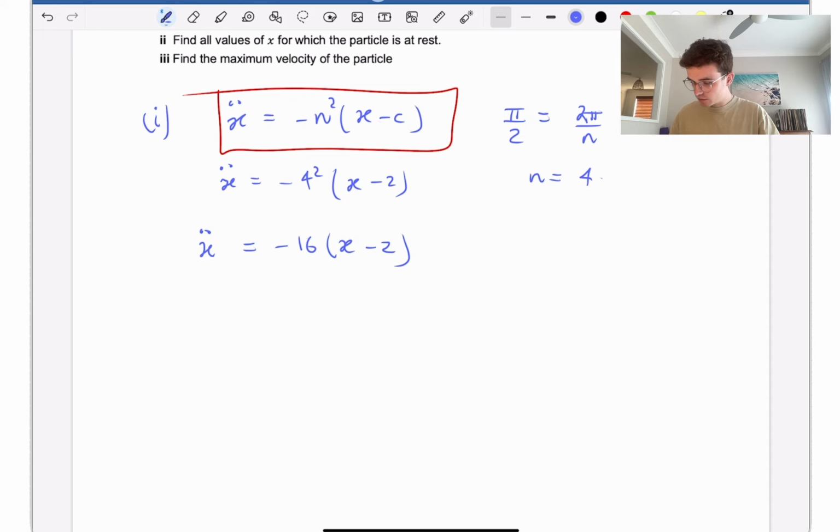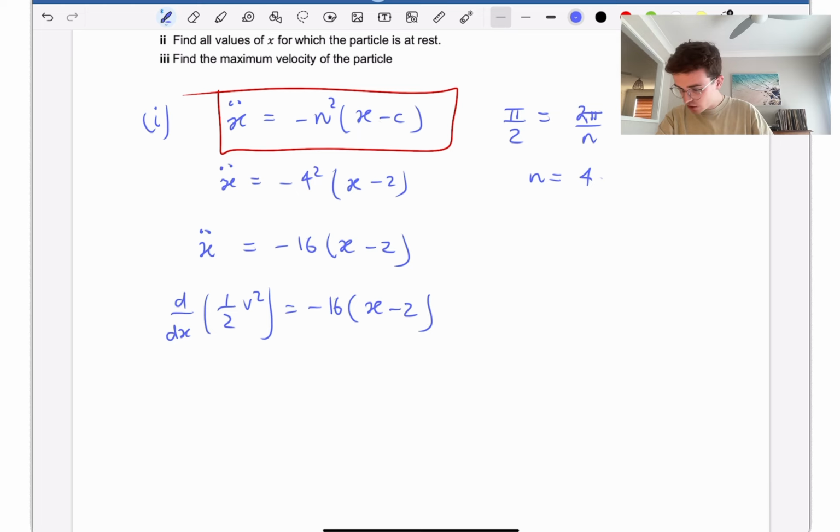We want to try and get velocity squared as the subject, and whenever you've got velocity squared as the subject and x is what it's in terms of, that's when you're using d by dx of a half v squared. And we're going to integrate both sides.